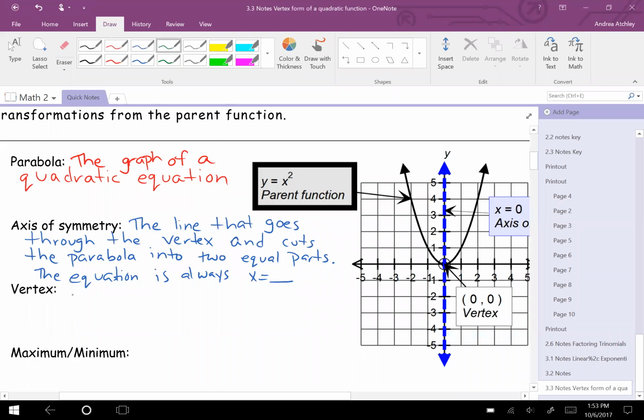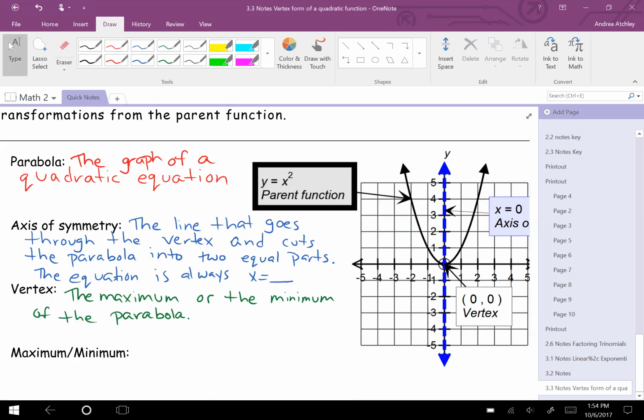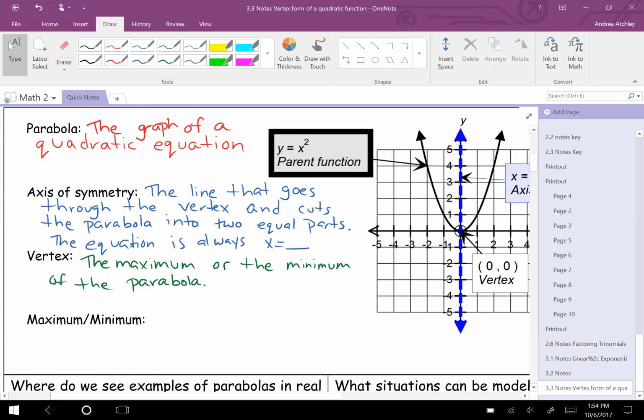The vertex is the maximum point, or the minimum, of the parabola. Okay, so the maximum is going to be the highest point.